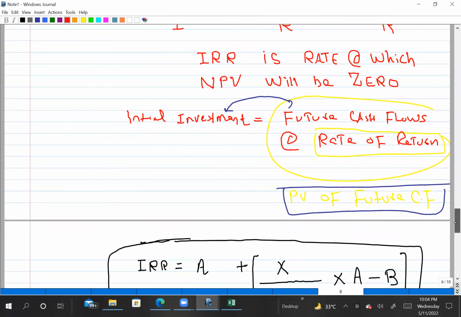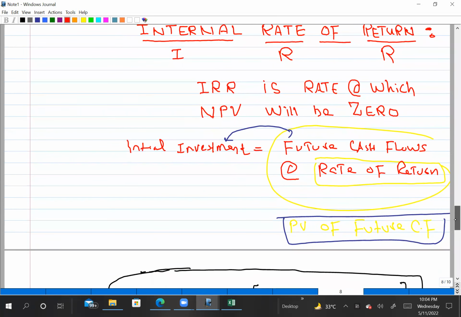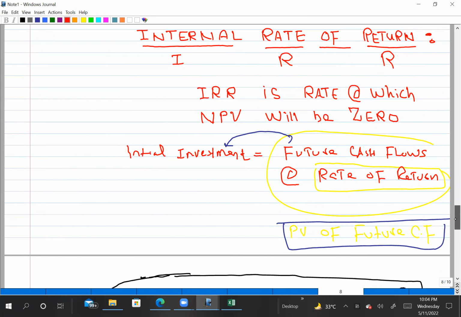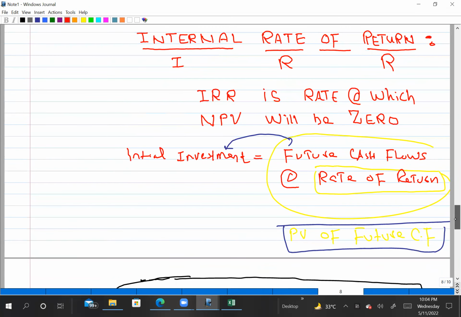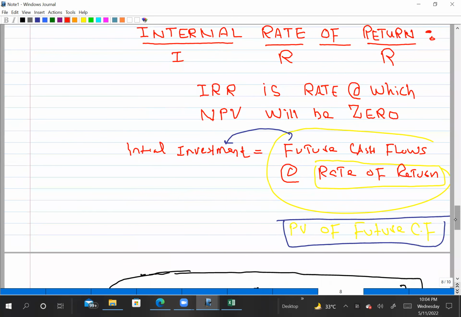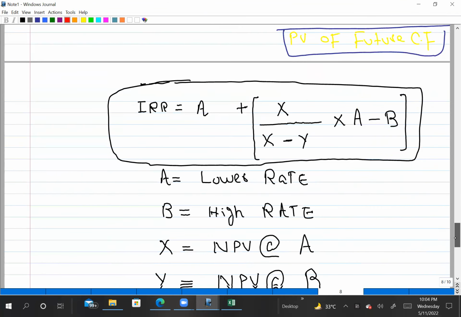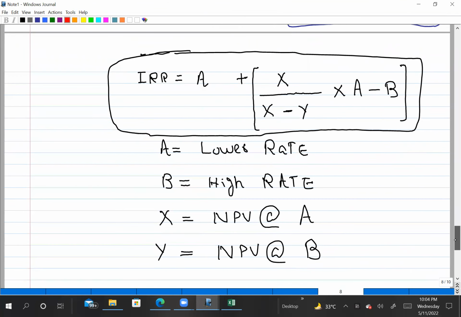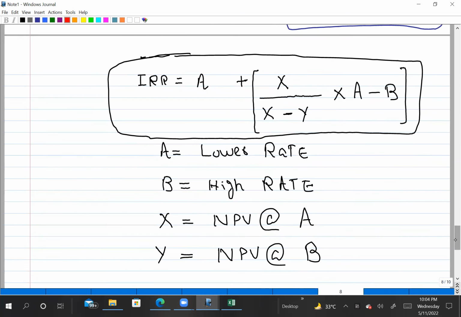We will discuss this concept later on, but this is the basic of IRR: that IRR is the rate at which NPV will be 0. This is the estimated rate which we will estimate for the purpose of decision making of any project. And this is the formula which we will use manually if we have to use it in a multiple choice question. We will apply this formula later on.